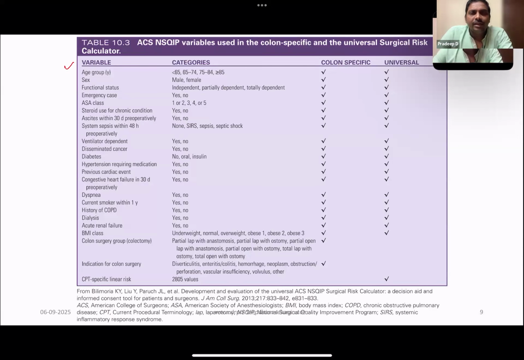And you can even try this surgical risk calculator. Say you are planning a radical hysterectomy, you can type it as radical hysterectomy. There will be a current procedural terminology code.